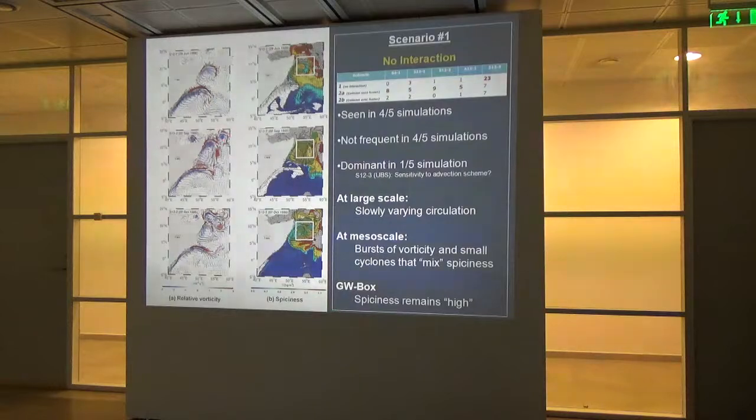You can see some kind of Socotra eddy that appears over here. In what I call the GW box, the Great Whirl box, at mesoscale, the bursts of vorticity and small cyclones mix a little bit of spiciness, but in the GW box, the spiciness remains high.